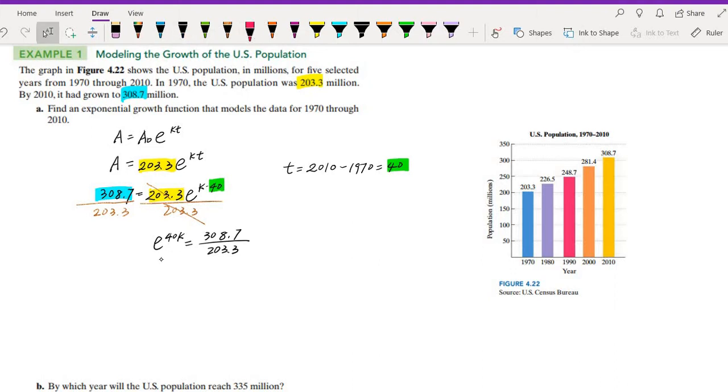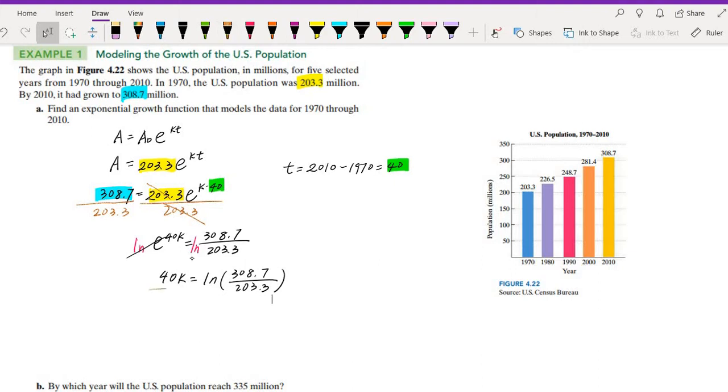So now we see the base is e. The base is not 10. I can actually take a natural log of both sides. We have learned this. When we take a natural log of both sides, we have a natural log and an e, and they're going to cancel out. Then I have 40k equal to natural log 308.7 over 203.3. 40k equal to this whole thing.